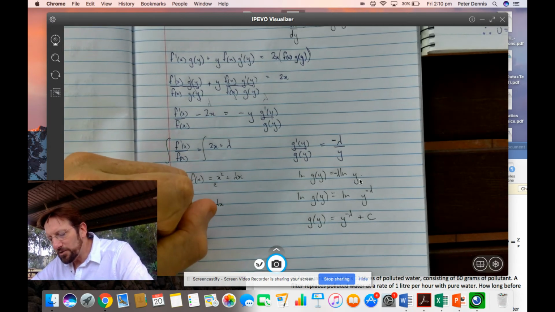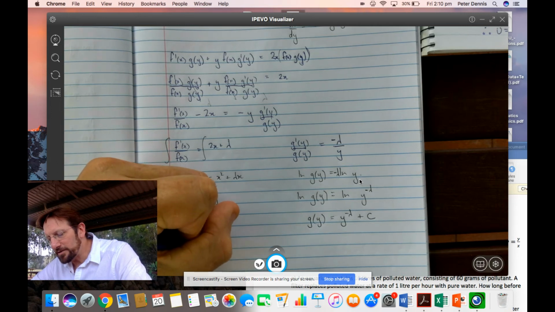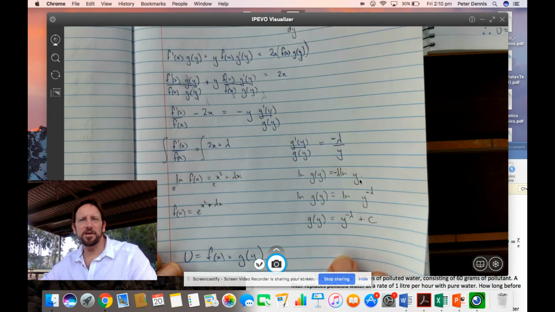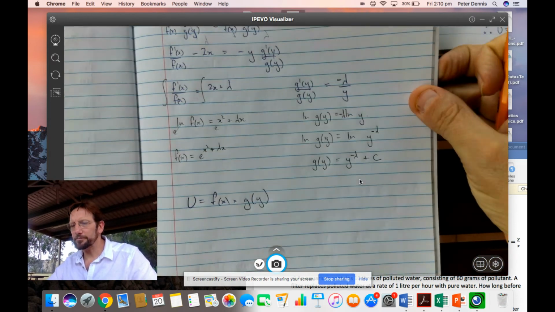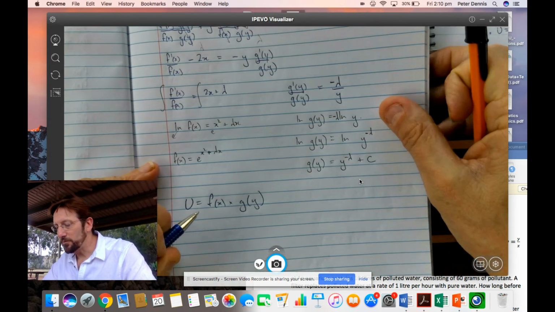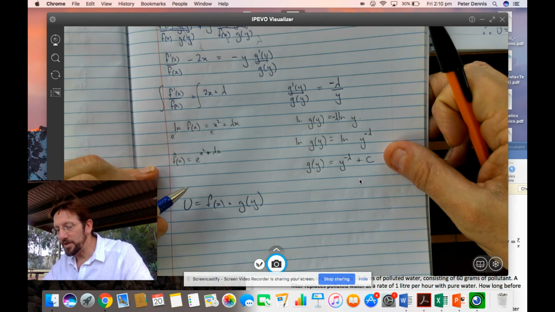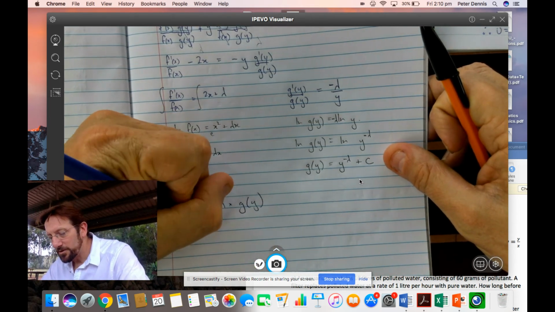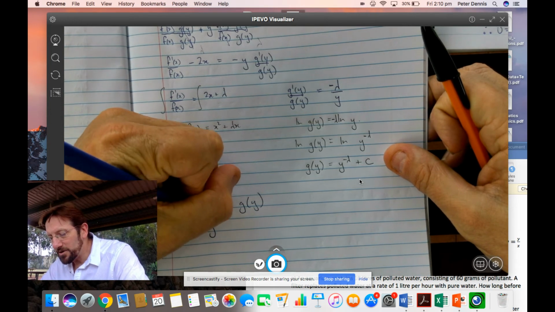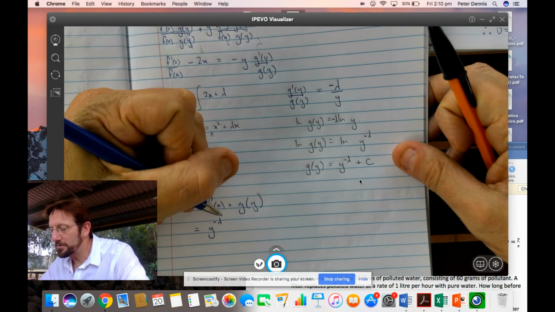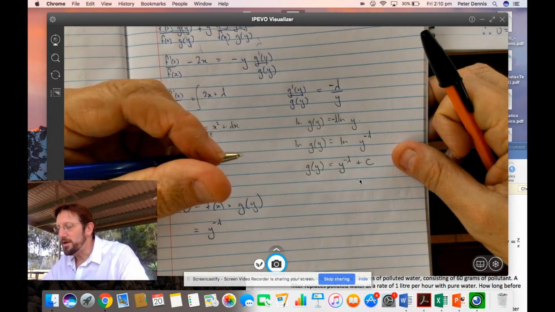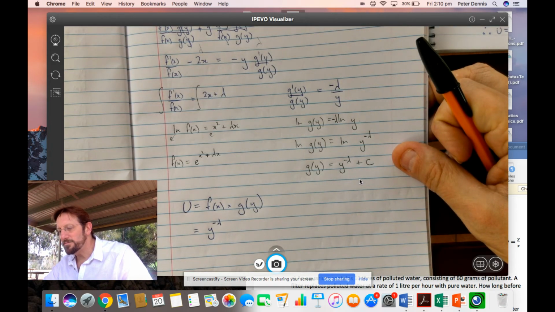So u is going to equal f of x multiplied by g of y, because that's what we said it was, which is just how to write this out nicely. I'll put the g of y first. y to the power of minus lambda plus c.